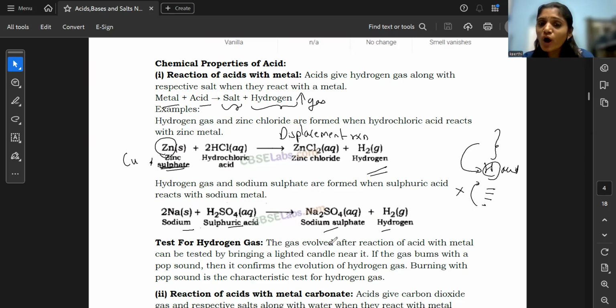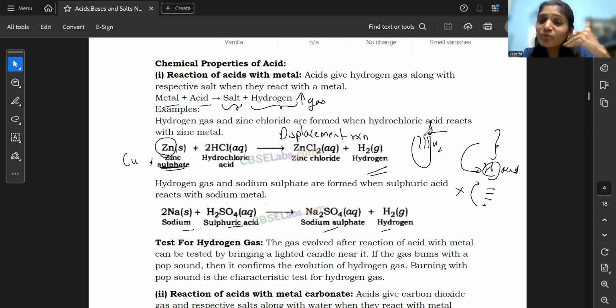Now, how do you test for hydrogen gas? If the reaction is happening in a beaker or in a test tube, and hydrogen gas is getting released, how do you test it? You will take a burning splinter and bring it near the mouth of the test tube. You can bring a burning splinter, or you can bring just a lighted candle.